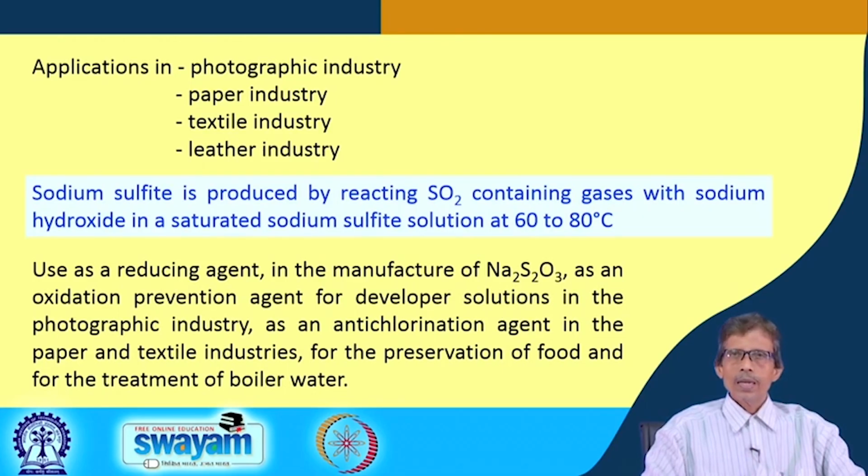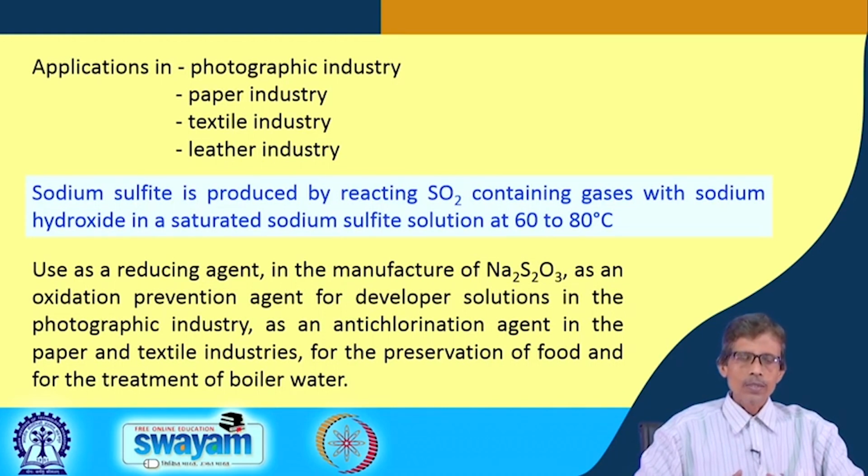So you can remove the excess chlorine from the paper and textile industry, and also preserve food, because food gets spoiled by oxygen or any other oxidizing agent. If you are able to remove those with a reducing agent, your food material will be safe.